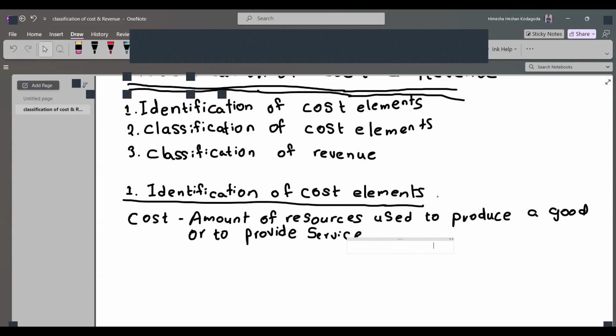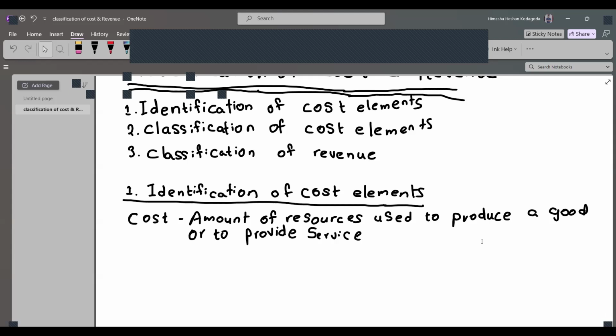Think you are producing a table. This is manufacturing, not buying and selling. How much do you need to calculate as the total cost? So first of all, you need to classify the basic elements, right?